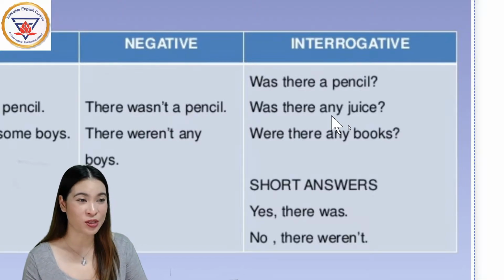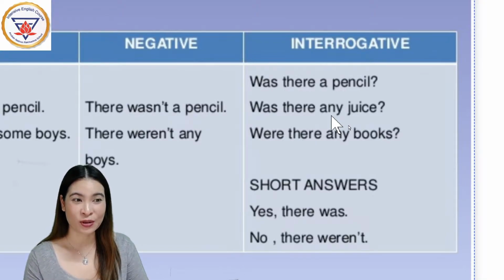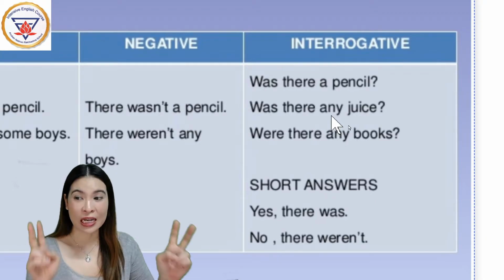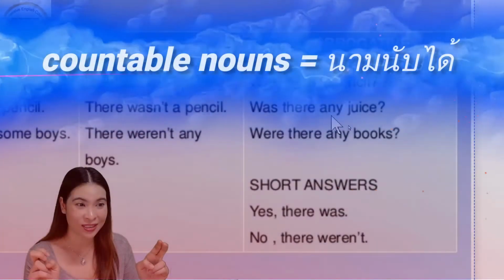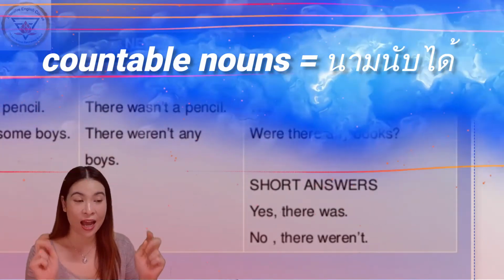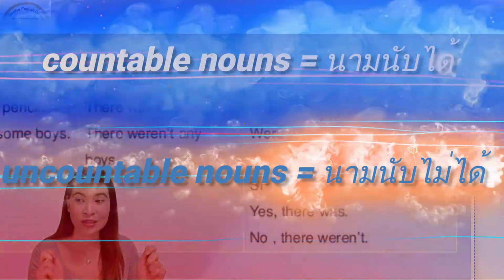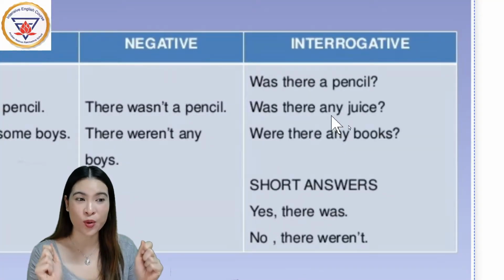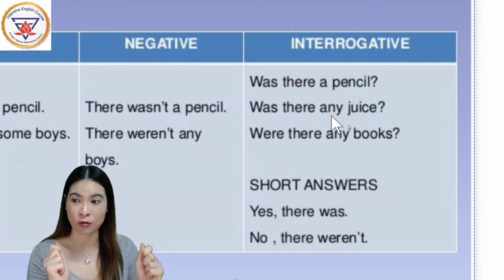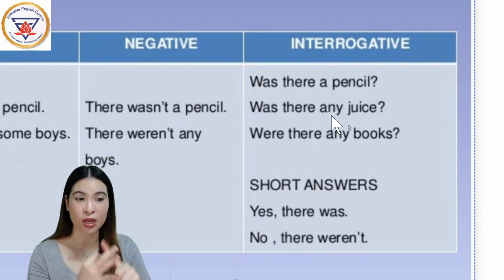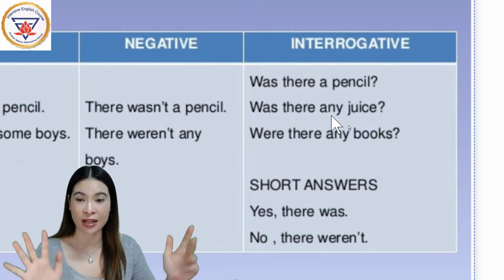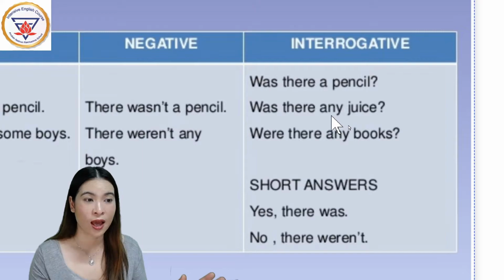Let me remind you something. Do you still remember countable nouns and uncountable nouns? That's right. Countable nouns are the nouns you can count: 1, 2, 3, 4, 5, 6, 7, 8, 9, 10, and so on.